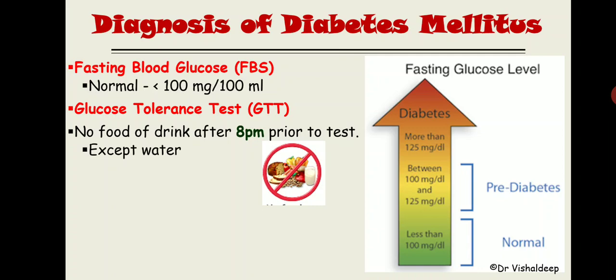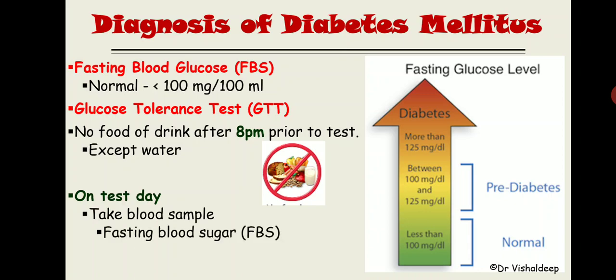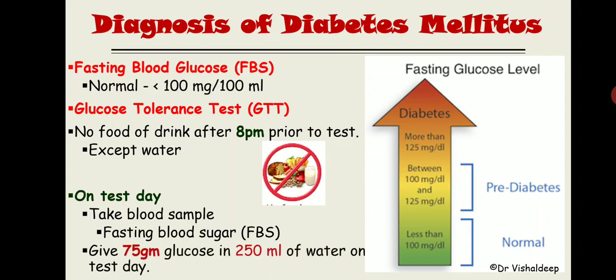Now on the test day, first when the person appears in the clinic, you have to take a blood sample. That blood sample is the fasting blood sample or fasting blood glucose. After taking that sample, just give 75 gram of glucose in 1 glass of water, that is 250 ml, on the test day.